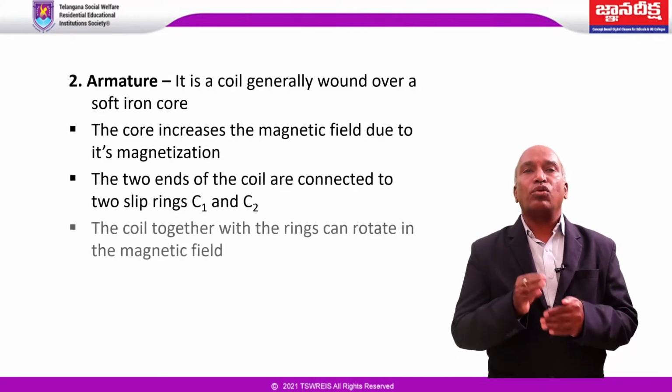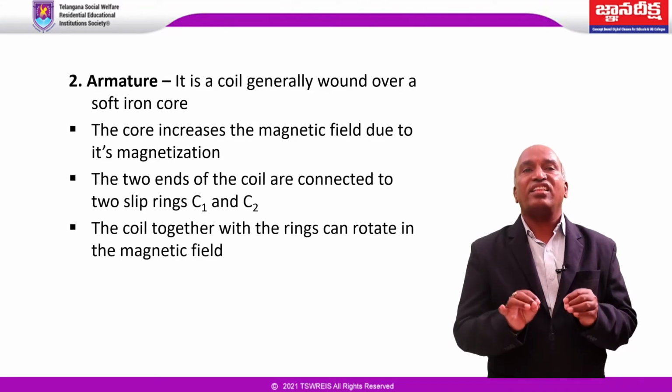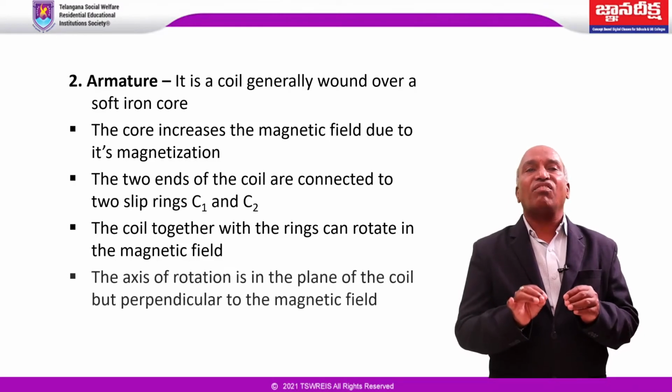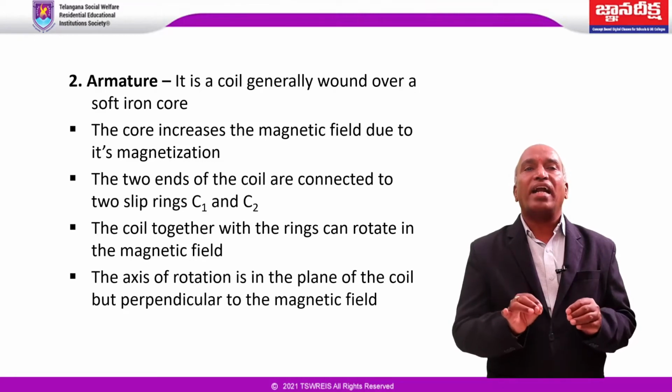The coil together with the slip rings can rotate in the magnetic field. The axis of rotation is in the plane of the coil but perpendicular to the magnetic field.